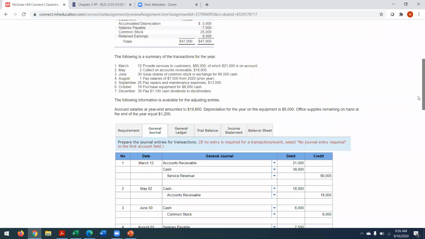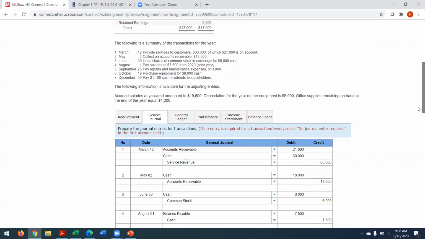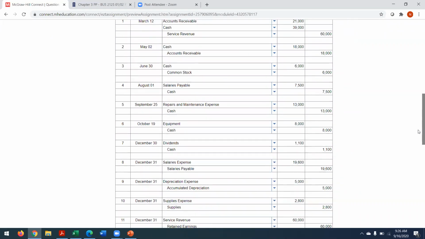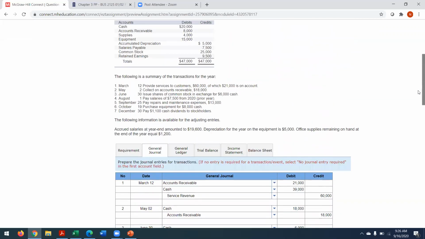Next, on September 25th, we pay for repairs and maintenance expense for $13,000. We would debit our repairs and maintenance expense, $13,000, credit cash, $13,000. Then it says purchase equipment for $8,000 cash.